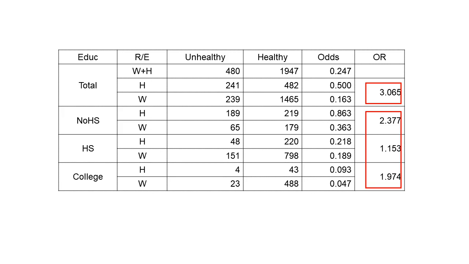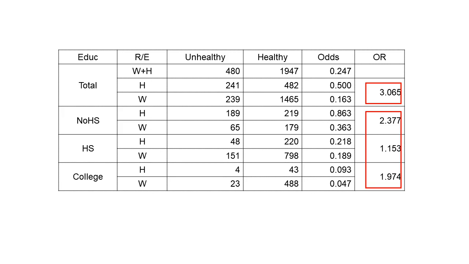Recall that the preceding slide has shown that the Hispanic versus white odds ratio, adjusted for education from the logistic regression, was 1.683. And each of those odds ratios, 2.377, 1.153, and 1.974, are also adjusted for education, and 1.683 may be considered as an average, though not exactly the arithmetic mean, of these three numbers.